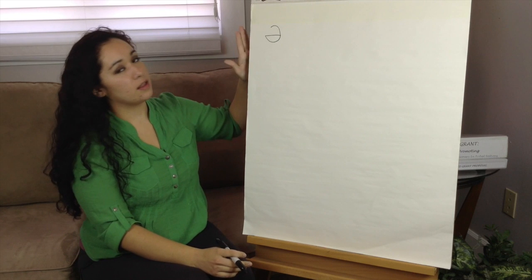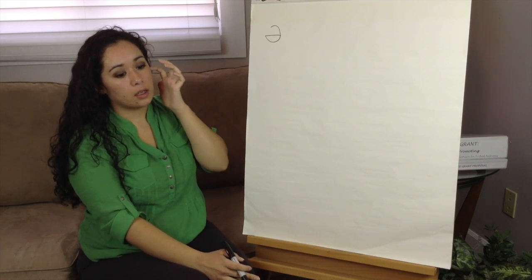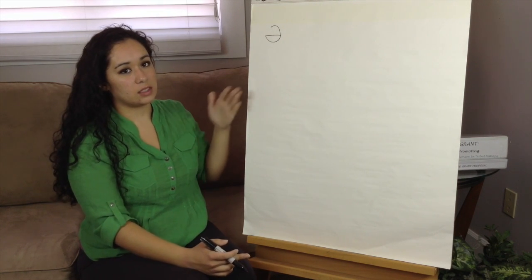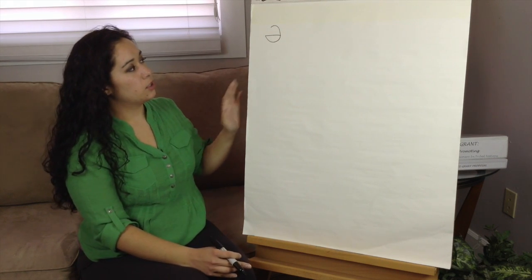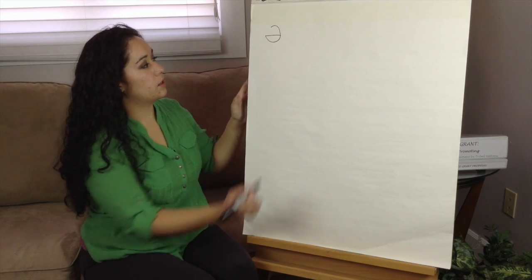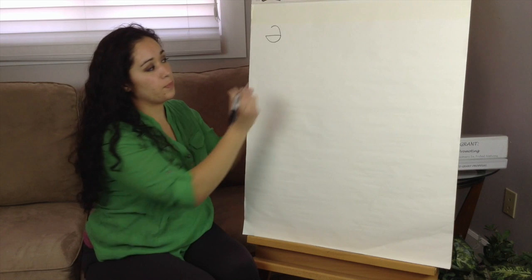A lot of times, schwas are written when they're not necessary because going from one consonant to the other, your mouth automatically says the sound. So, for right now, we use schwas to break up double consonants.